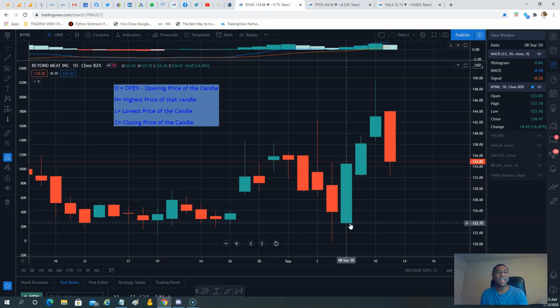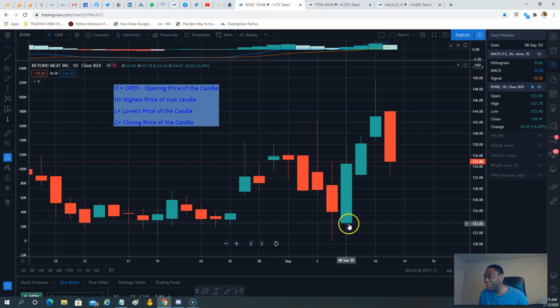It doesn't have any meaning per se, meaning we don't refer to it during trading, other than giving us 2 pieces of information. The body is going to give us the open and the close. That's what it is. So in this case, this is the open on here.